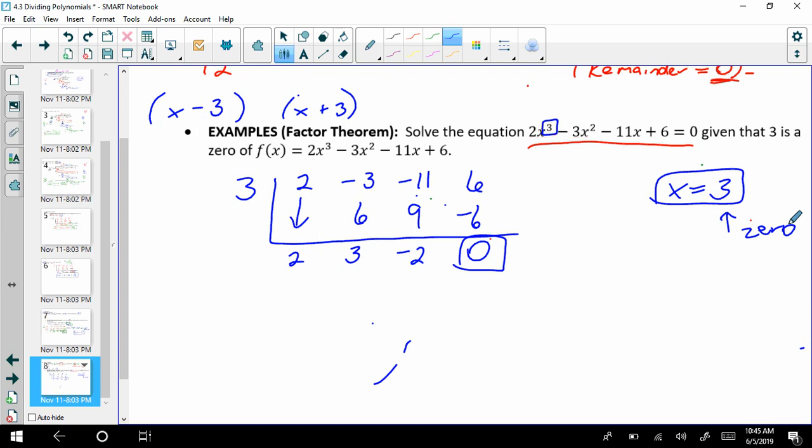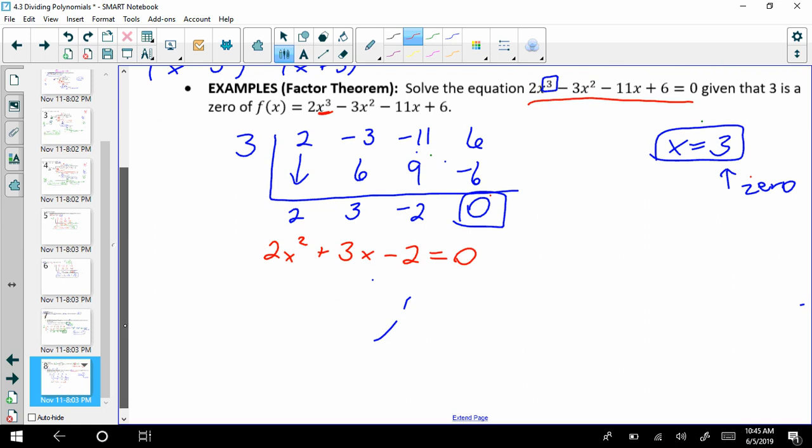Well, why did we do that? Let's look. If I write what's left as a polynomial, it was x cubed, so I'm now going to have 2x squared plus 3x minus 2 and no remainder. I can finish solving this now. Since this is a quadratic, we could factor it, use the quadratic formula, or complete the square.